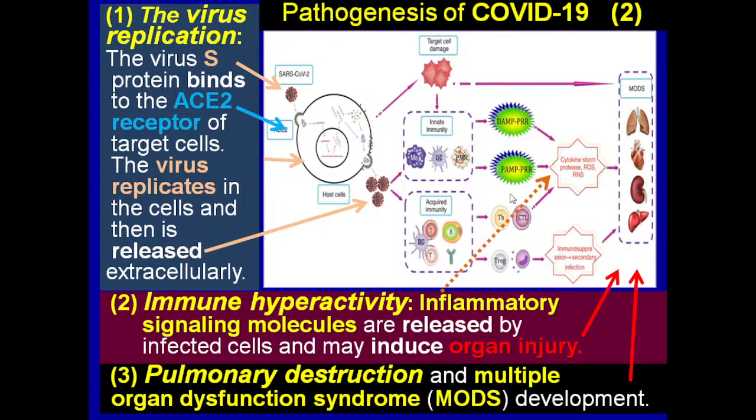Then it activates the T cytotoxic lymphocytes that also play a role in the tissue damage, and also they may mediate the production of T regulatory cells that can cause immunosuppression and secondary infections. And that also will be responsible for multi-organ dysfunction.